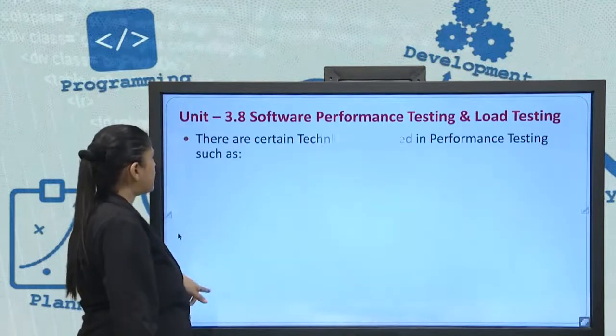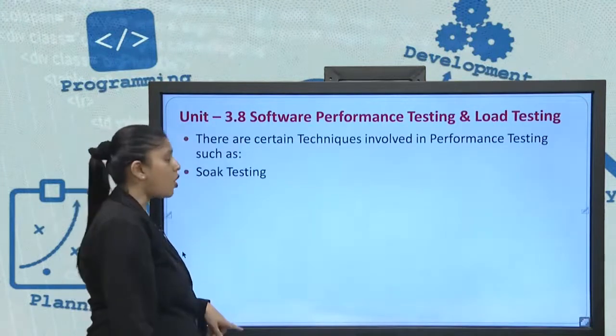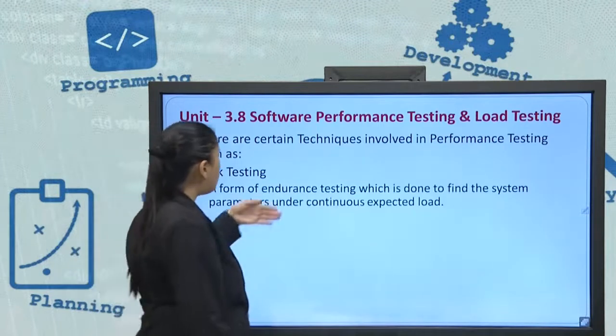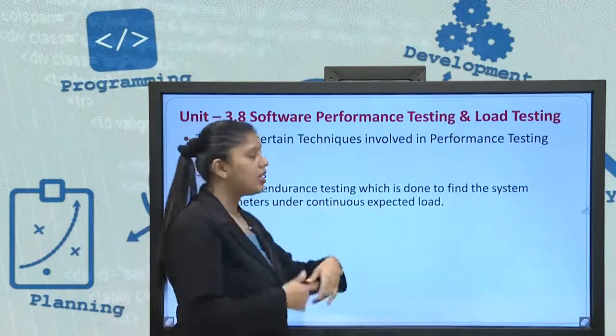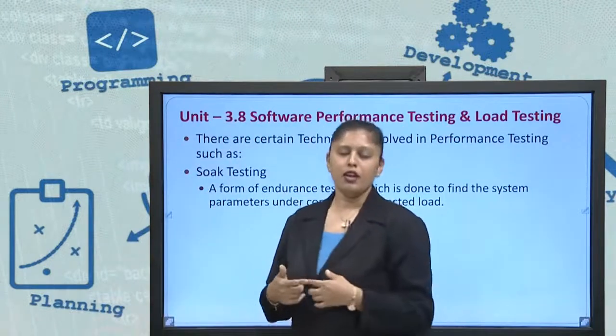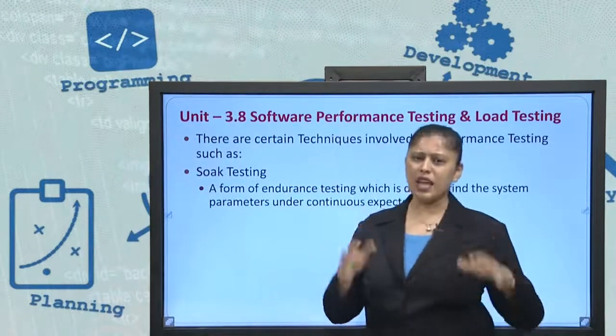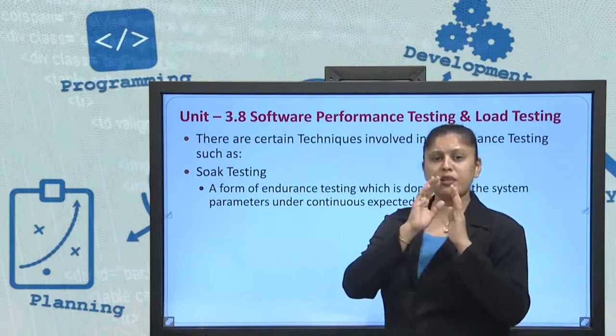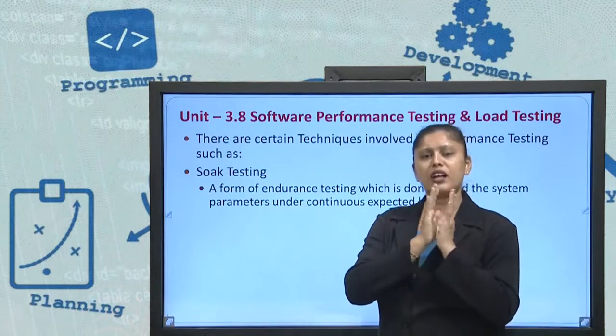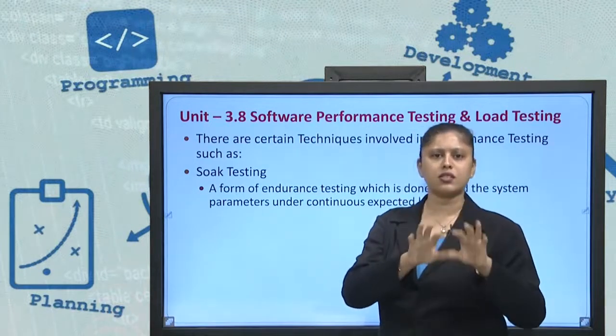Then the next kind of testing is shock testing, alright. It is a form of endurance testing which is done to find the system parameters under continuous expected load. If I continuously give the same load to my system, for example, though its maximum limit is 1000, I give it continuously 1500 users every time.